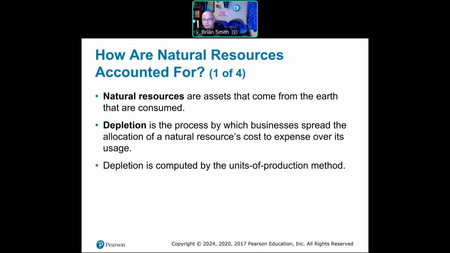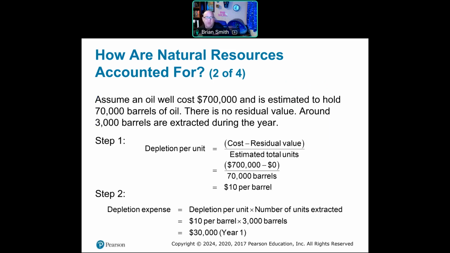All right. So natural resources. Natural resources operate a whole lot like the units of production method. I'm not going to go into this in great detail because it really is the same thing. It's just instead of depreciation, it's depletion. Instead of units of production, it's estimated total units we think we're going to pull out.